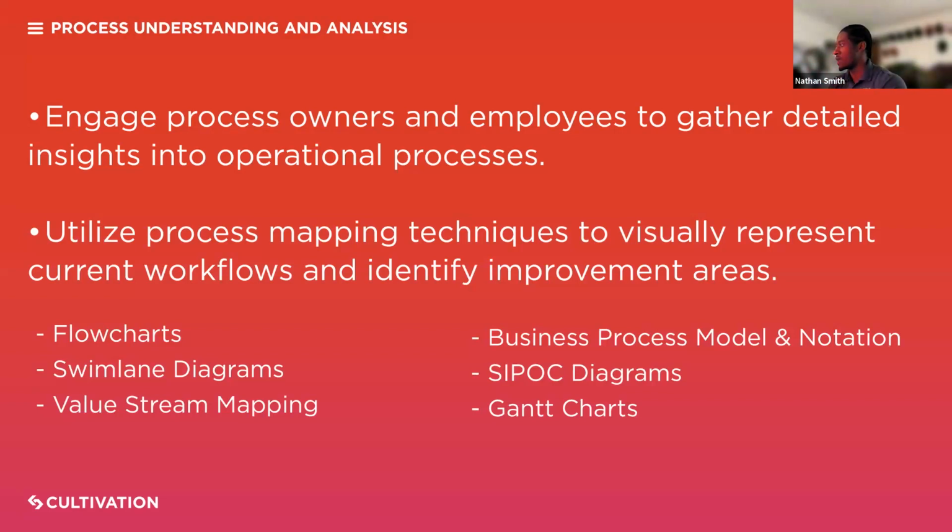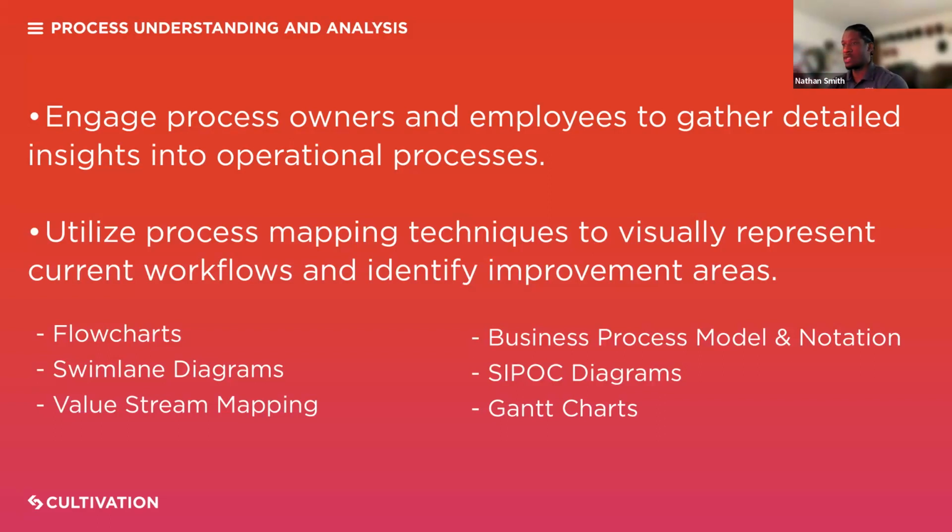And then we have SIPOC diagrams, which basically represent suppliers, the inputs, the processes, the outputs, and then the consumers as well. That way you can see which different processes are not only affecting people within the business, but on the outside as well. And then we have Gantt charts.